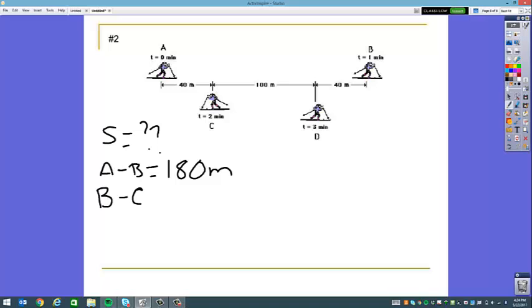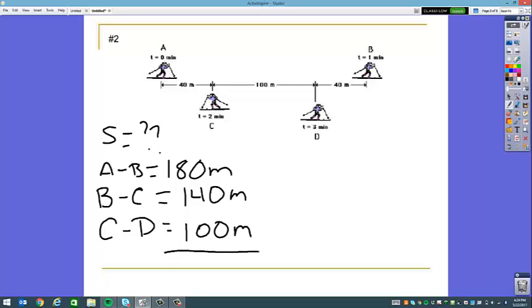So B to C would be another 140 meters. And then you're looking at C to D. So C to D would be this last distance here, which would be 100. And if I want to find my distance, all I do is I add them up. So 180 plus 140 plus 100 is going to give me 420 meters. So this is my distance.